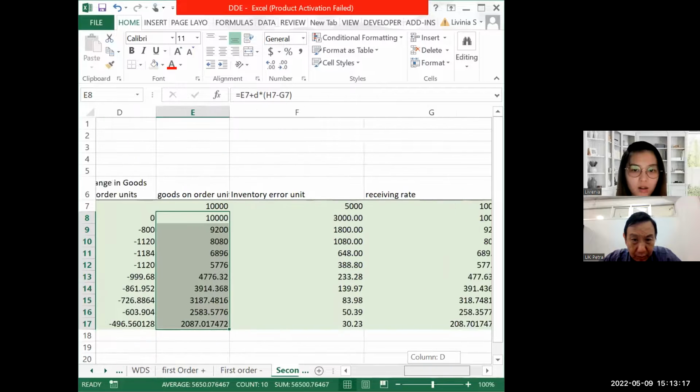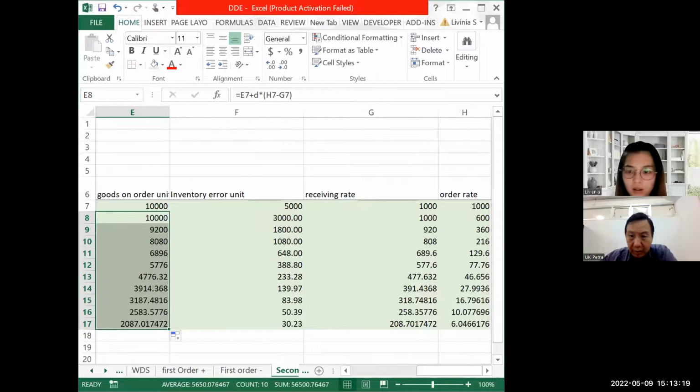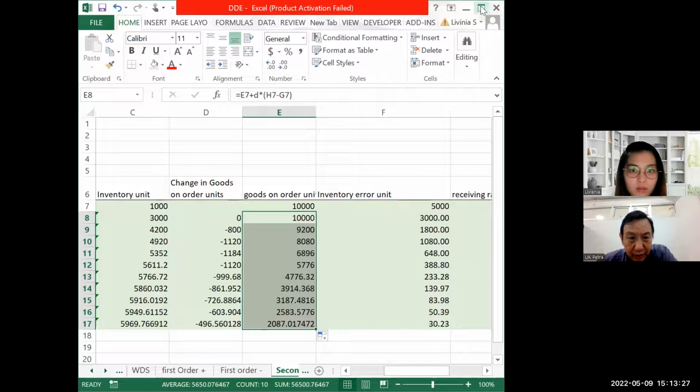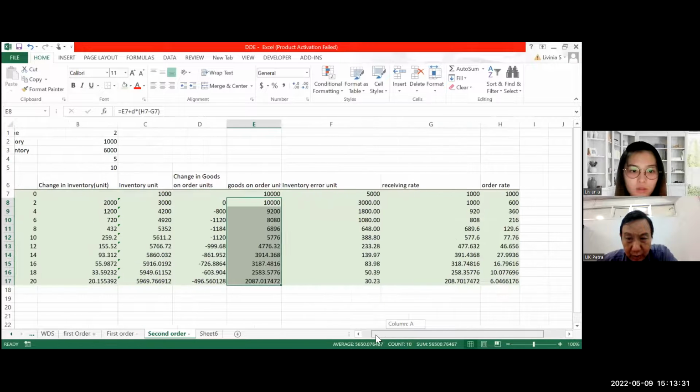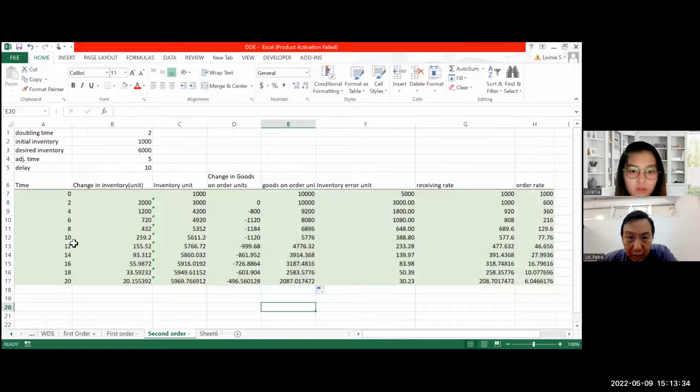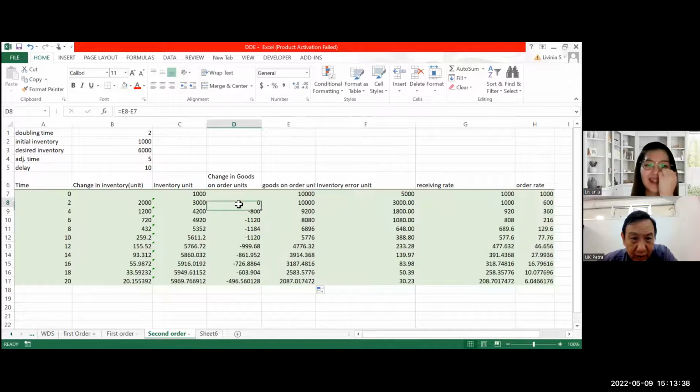Something is still missing. I don't know what the missing part is. The order is correct. The change in order is 100, 800. Something is still wrong. Can I see the change? The change in good order, oh, actually correct.